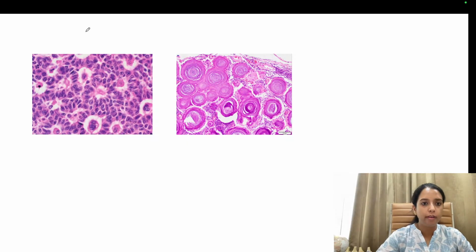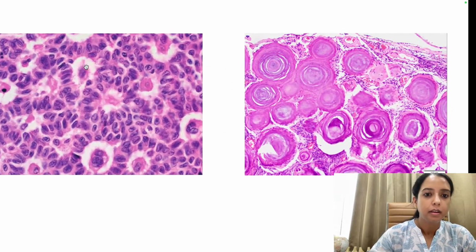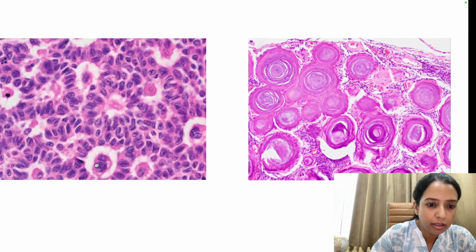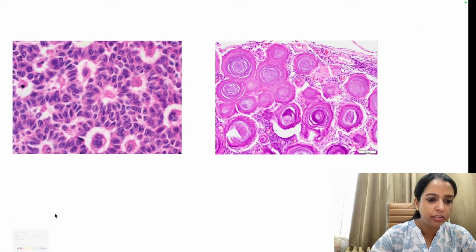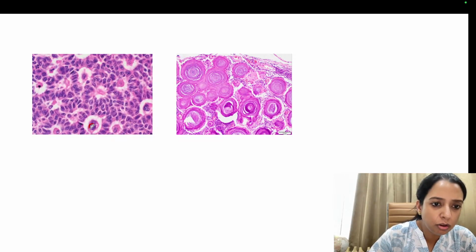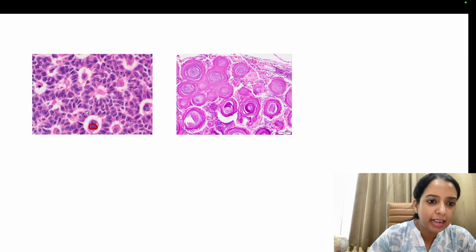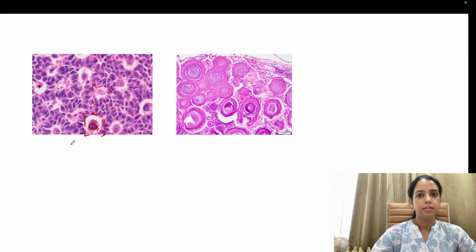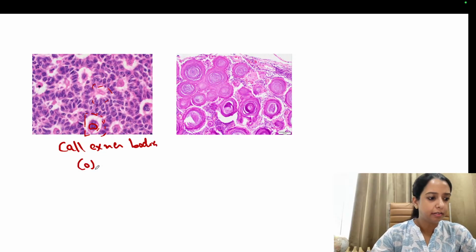Some images of ovarian cancer. Can you see the coffee bean appearance in the cells? Inside the cells, can you see these coffee bean like nuclei? Indentations are there, turning these nuclei into coffee bean like, isn't it? And how the cells are arranged peripherally in a flower pattern. So Call-Exner bodies and coffee bean appearance are seen in which cancer?